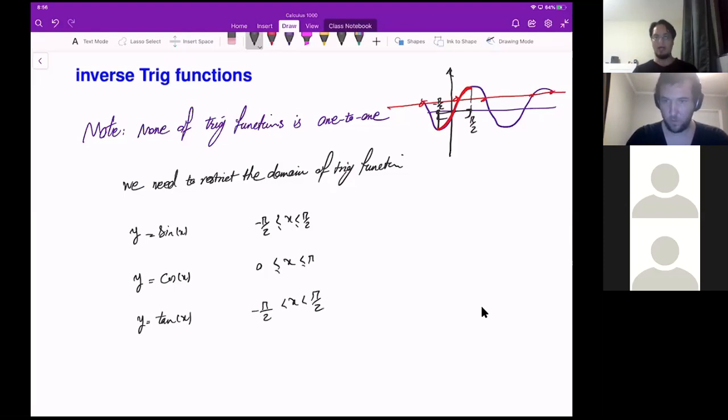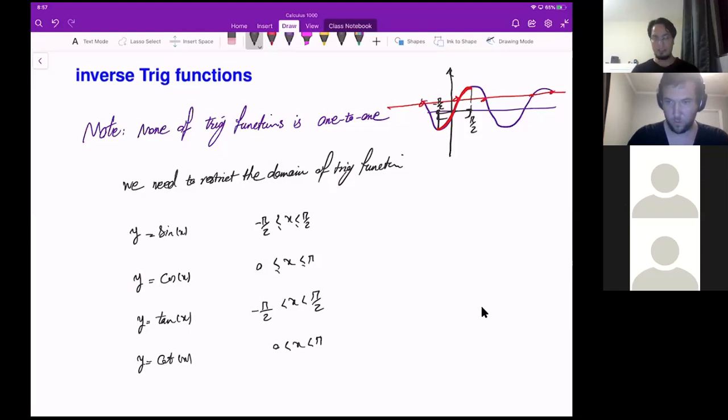I cannot plug in pi over 2 or negative pi over 2 in tan, but that's how it works. For cotan x, it will be between 0 and pi.